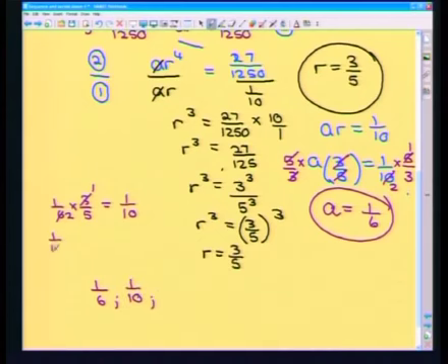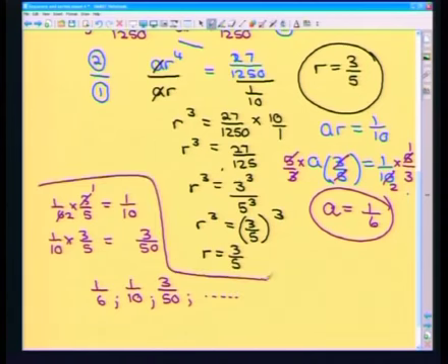And then I would take 1/10 and times it by 3/5 again. And if I did that, I would get 3 over 50. And once I had 3 terms, I would just show a few dots to say this continues. So if they had asked me that, that's what I would have done, and it wouldn't have been such a big problem. However, this question only asked me for a and for r. Lovely little question. Let's see what the next one brings.